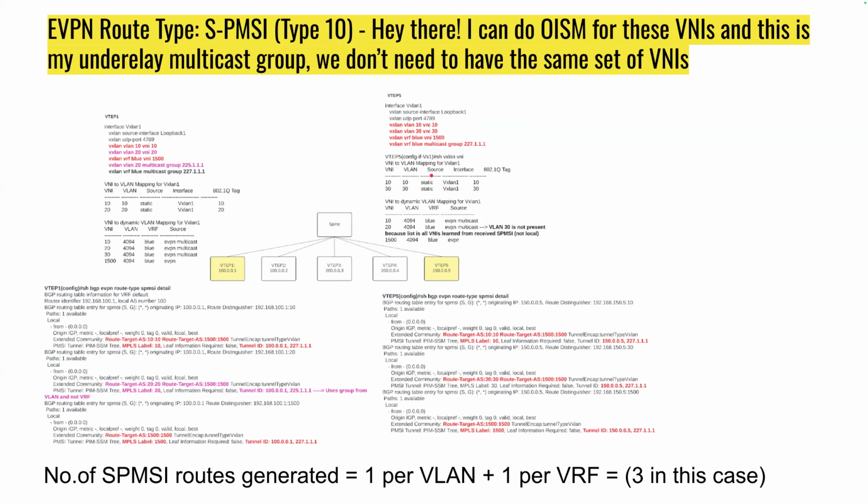Basically, these are the static ones. And if there are any other interfaces, like local interfaces, part of that VLAN 10, they would be seen here as well. Now let's talk about the dynamic part. We see this last line, VNI 1500, which is mapped to 4094 and part of VRF blue, and the source is EVPN.